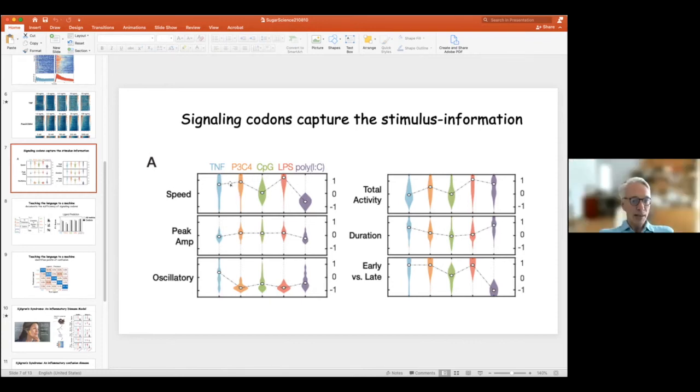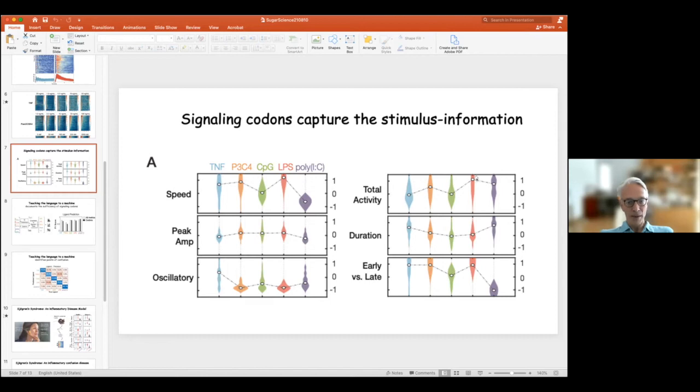And so you see that in response to these different compounds, these codons are deployed specifically. So there's high speed in response to these compounds and slow speed here. Only TNF oscillates, the other ones don't.